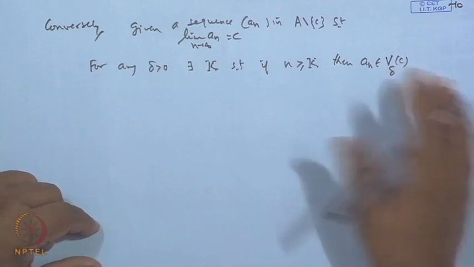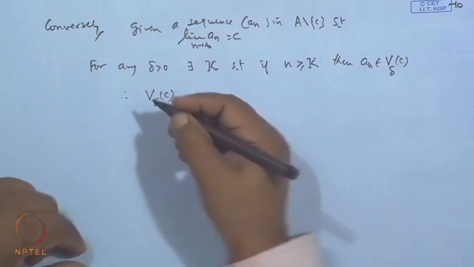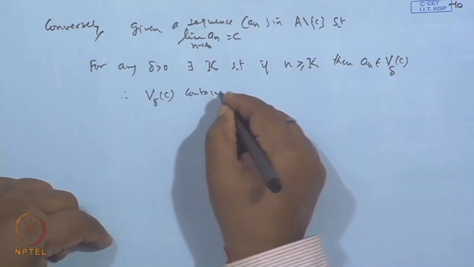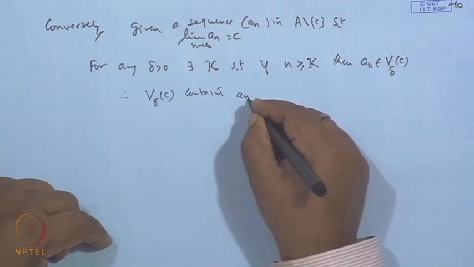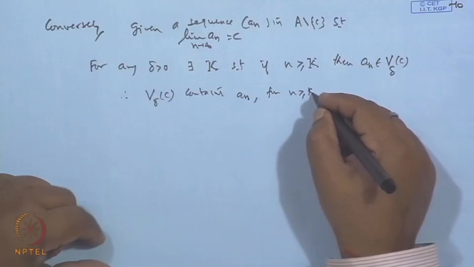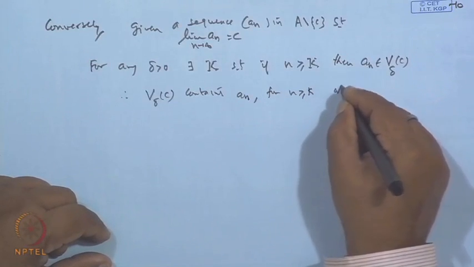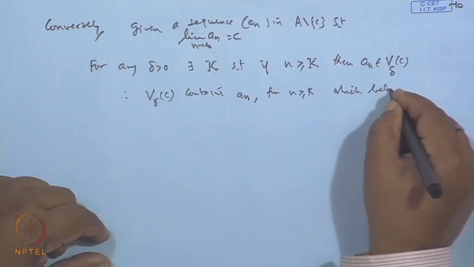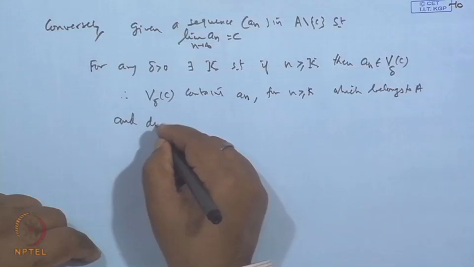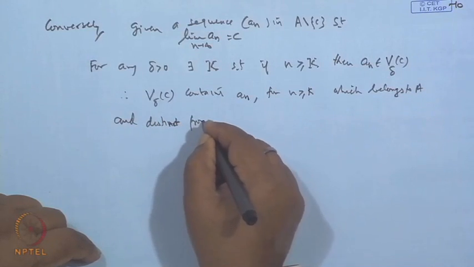After a certain stage all the terms of the sequence belong to this delta neighborhood of c. Therefore, the delta neighborhood V_delta(c) contains the points a_n for all n greater than k, which belong to A and are distinct from c.